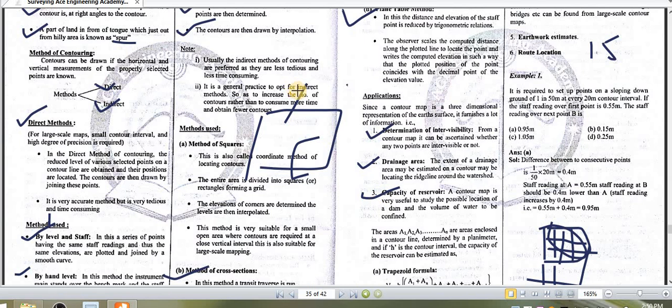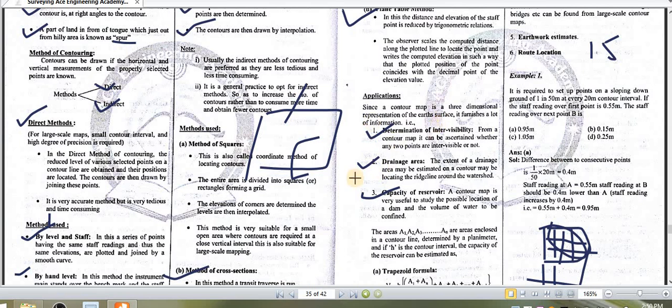So these are the three major points where your contour is generally required. That is the intervisibility between the stations, which is required in your road works, in your railway works. Okay, one is your drainage area. So if you have to provide some drainage along your roadside, for that also you require what, your drainage characteristics.